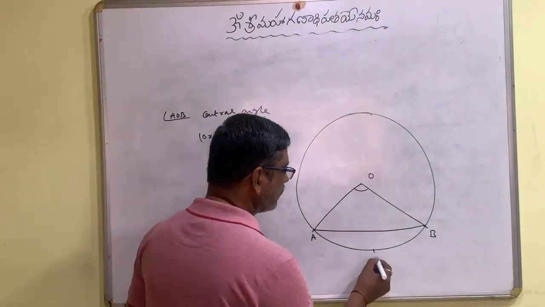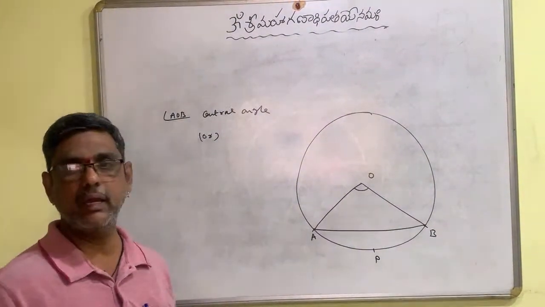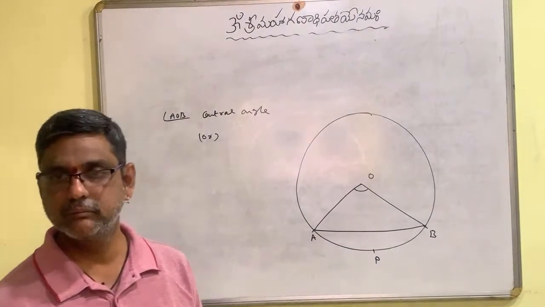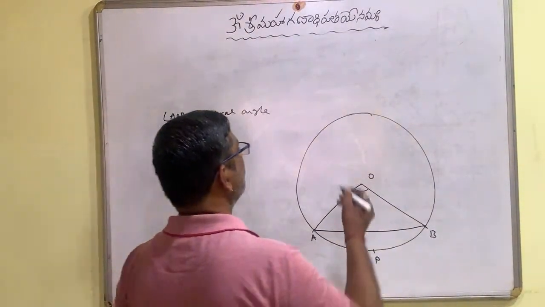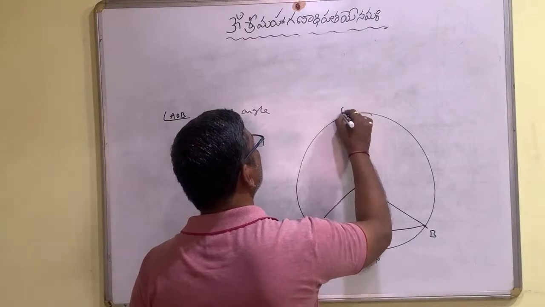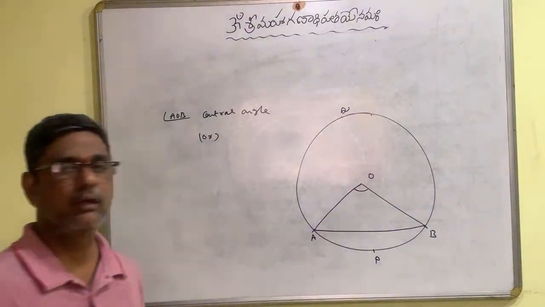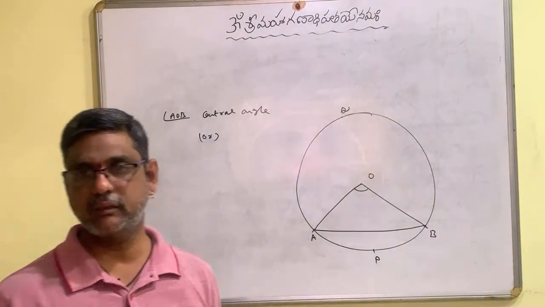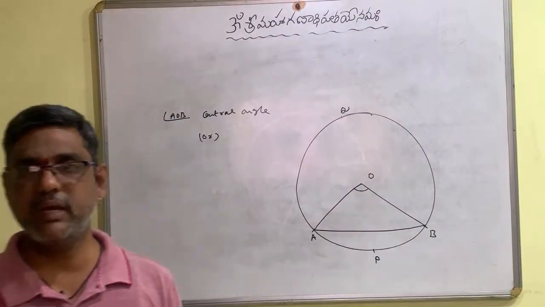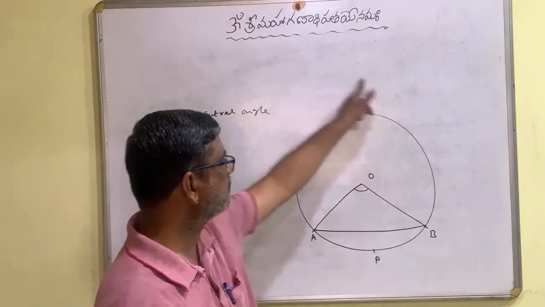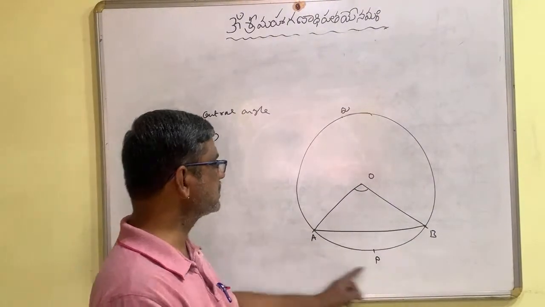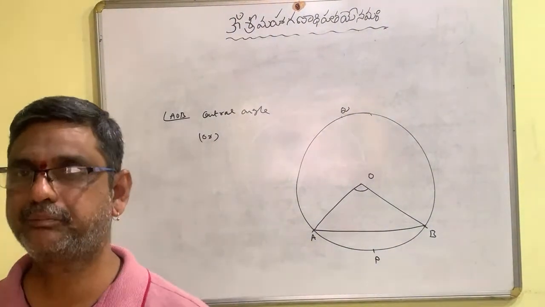I will consider one more point over here, P. APB is the minor arc, and AQB is the major arc. Okay?